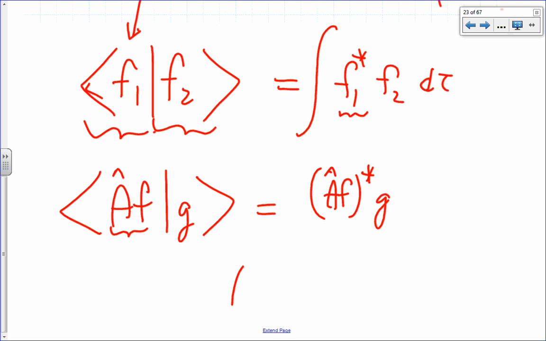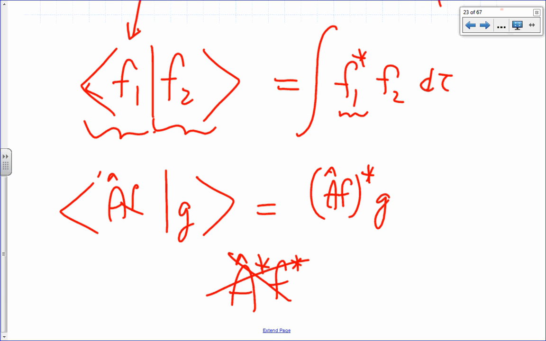Now, you cannot take a complex conjugate of the operator and the function separately. A hat F is just another function. This whole thing is just another function. We did not define the complex conjugate of an operator. So we don't do that. And then integral over all space, so integral d tau.